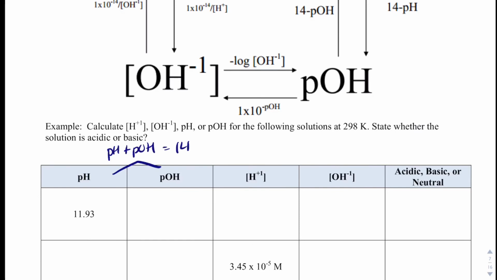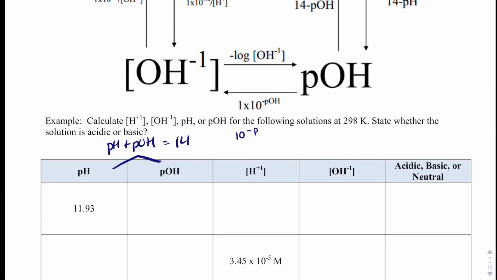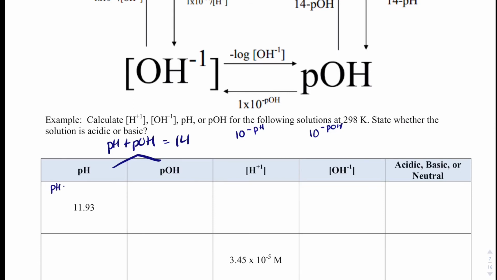To get H plus, we'll take 10 to the minus pH. Or to get OH minus, we'll take 10 to the power of minus pOH. And this is because pH is equal to negative log of H plus, and depending on where you're at in math, you may have learned that log is base 10, so that's where the 10 comes from.